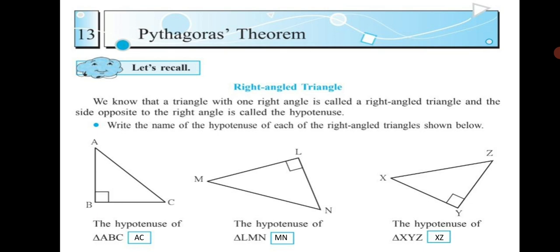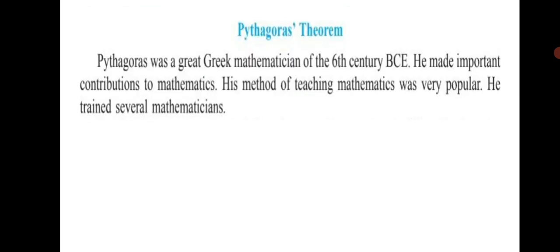Now how is a right angle related to Pythagoras theorem? Let's learn. Pythagoras was a great mathematician of the 6th century BCE. He made important contributions to mathematics. His method of teaching mathematics was very popular.